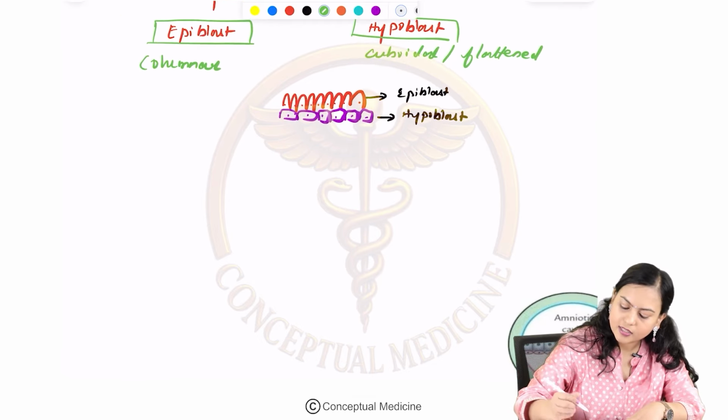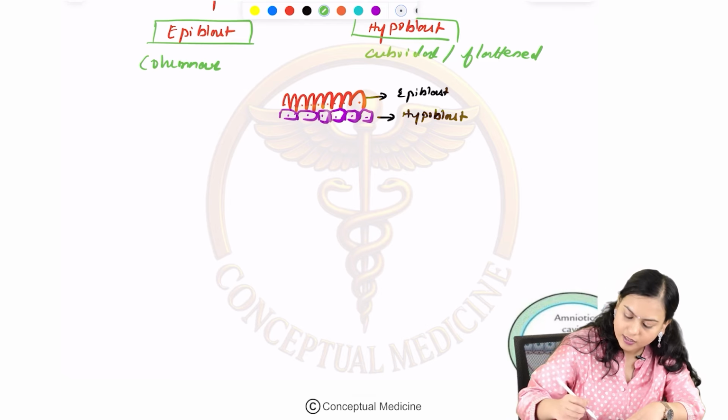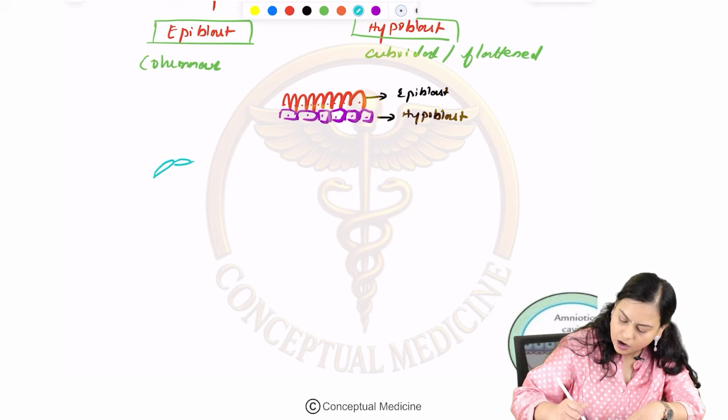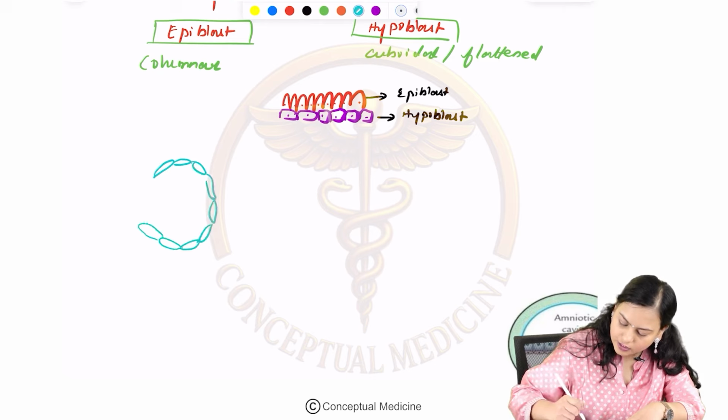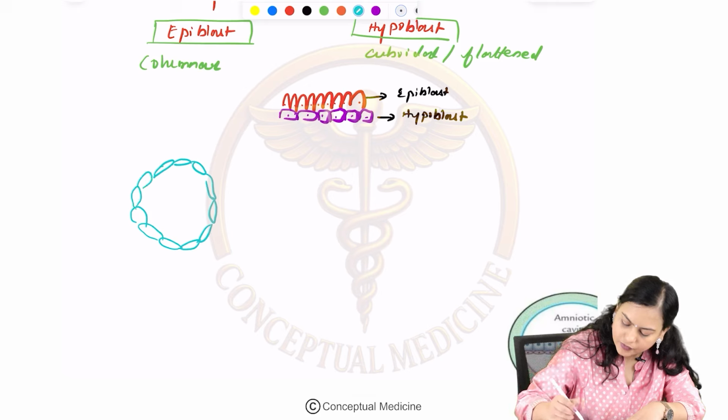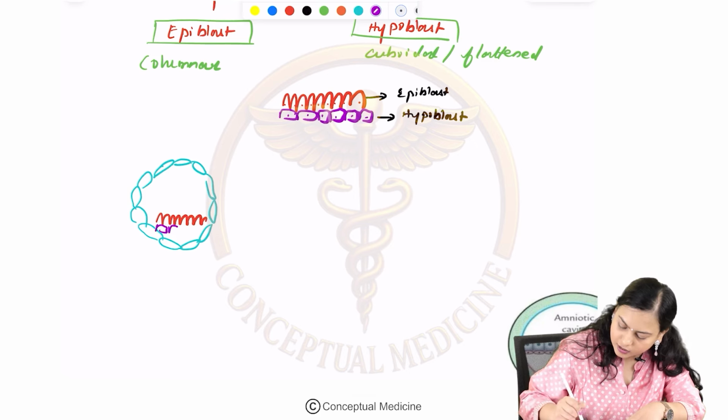Now, as this differentiation is taking place, already we know there is an outer layer of cells, right? So, that is the trophoblast, and inside we have now the epiblast and the hypoblast. Okay.